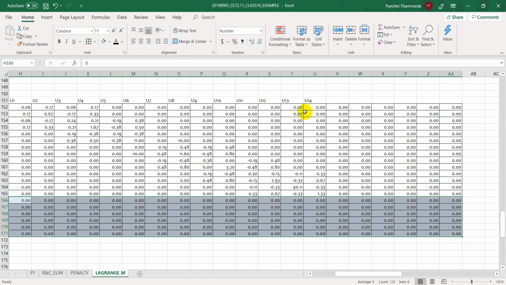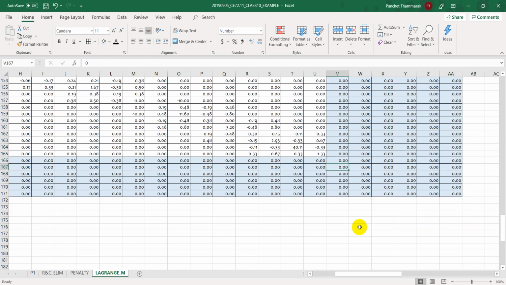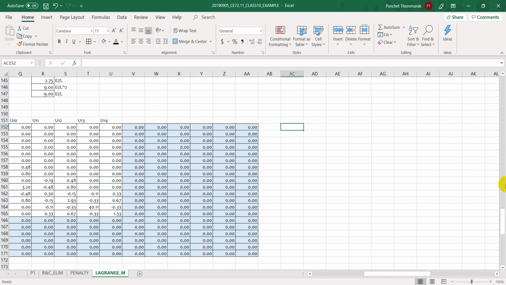Quite a number in here. Okay. And this side I will put the U1 up to U14, and then you will have a new set of good friends in there.